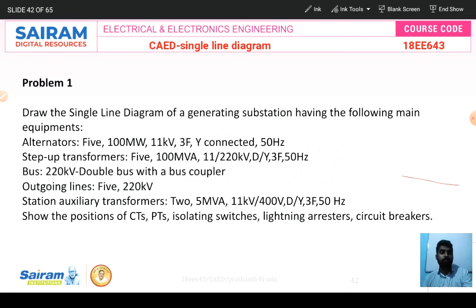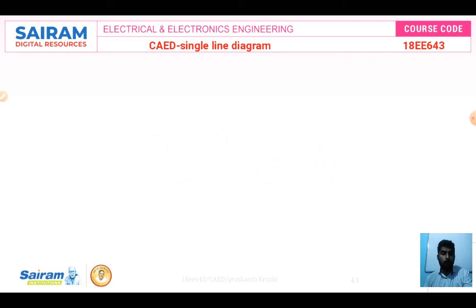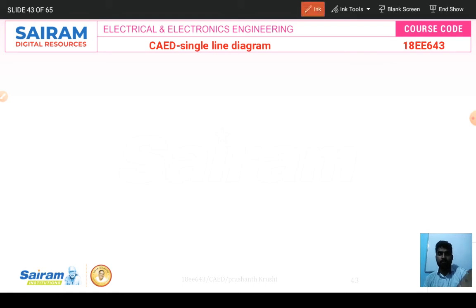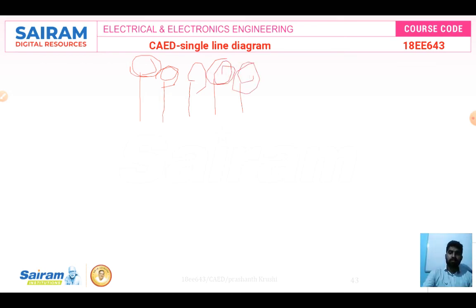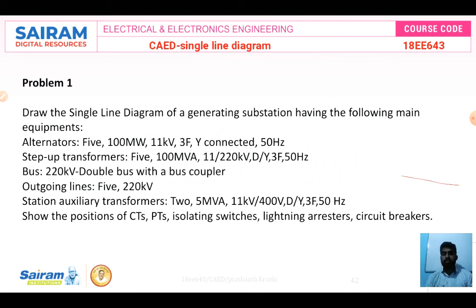I'll just draw the diagram. One line I'll draw. 1, 2, 3, 4, 5, each carries a generating station, alternator. Then step up transformers of 500 megawatt, 11 kV to 220 kilovolts, delta to star, 3 phase, 50 hertz.